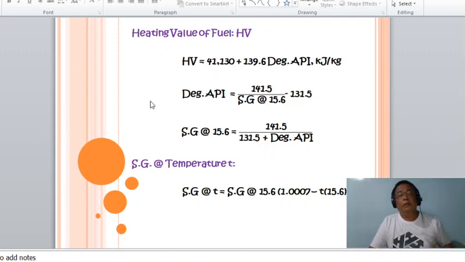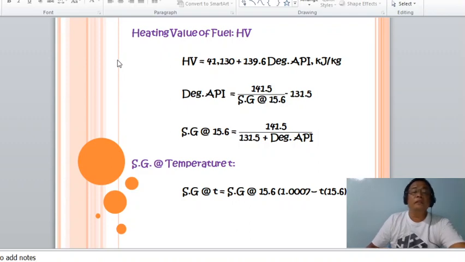So solving for degree API if not given, degree API is equal to 141.5 over specific gravity at 15.6 minus 131.5. If we want to determine the specific gravity at 15.6, that is equal to 141.5 over 131.5 plus degree API.